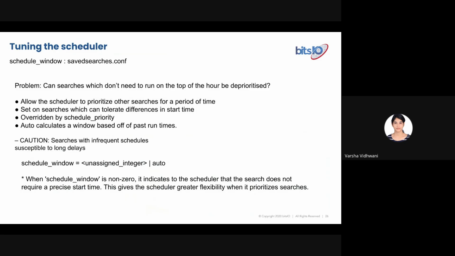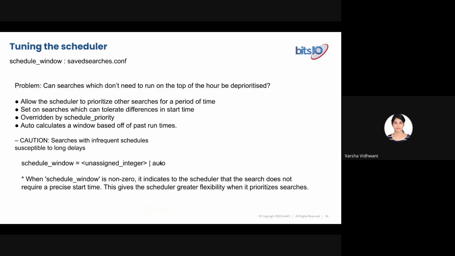How it works is, for searches that can tolerate variations in their start time, we can configure the scheduler to delay them slightly. This is controlled by the setting schedule window. When this parameter is set to a non-zero value or auto, it signals that the search does not require a precise start time.